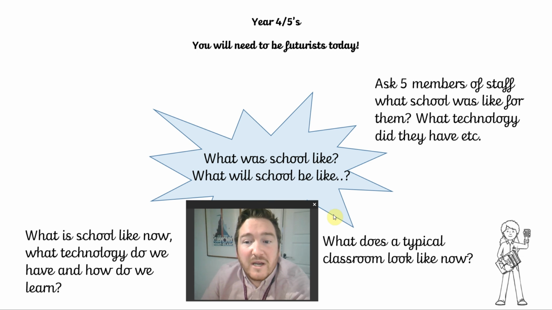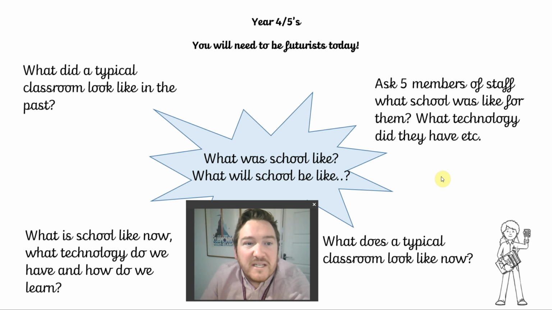So what does a typical classroom look like now? And what does a typical classroom look like in the past? So we want to draw what we think the classroom looks like. Once we've asked some questions to those other adults, we maybe can use the telephone, or if we're sensible and we have a spare adult, we can go to the adults that we've chosen.